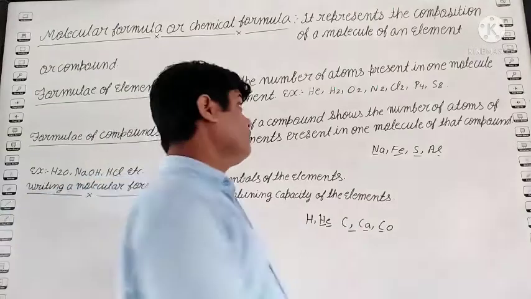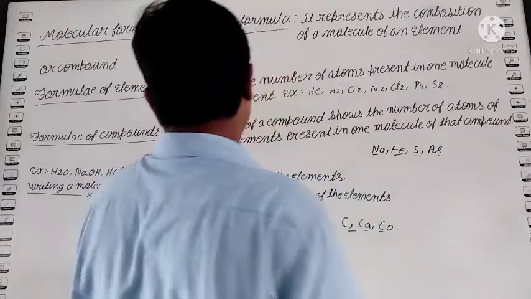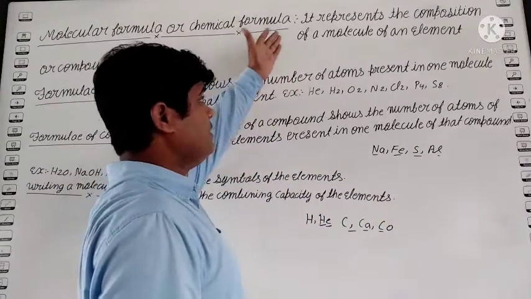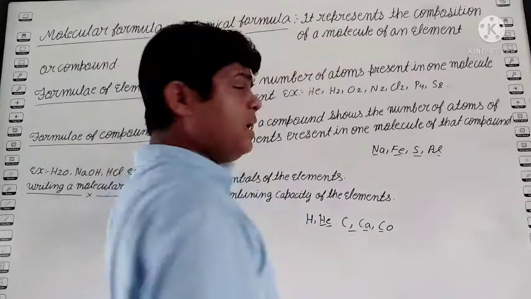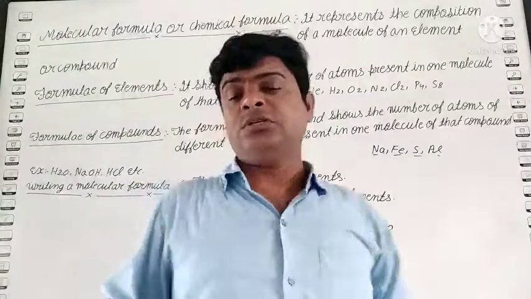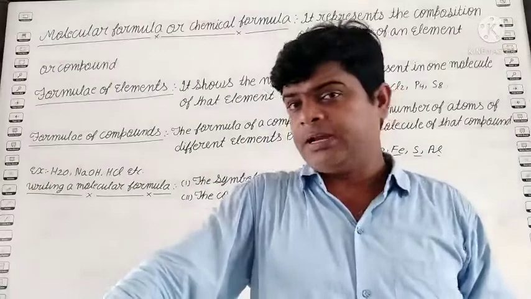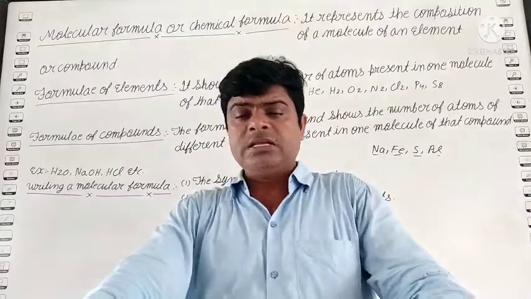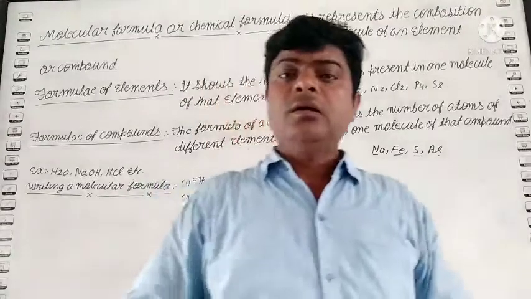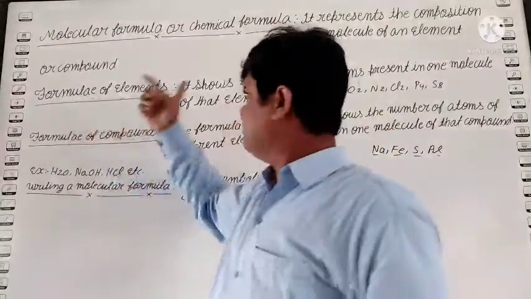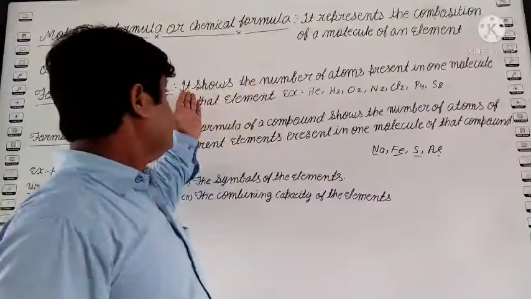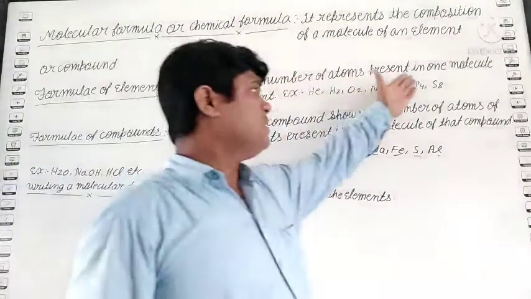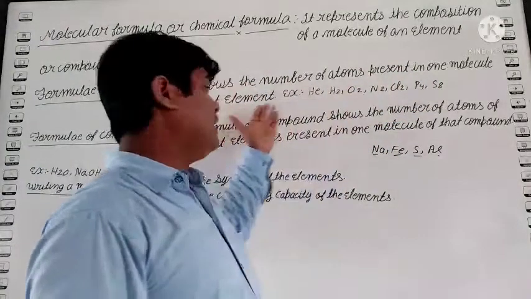Student, first, what is a molecular formula or chemical formula? It represents the composition of a molecule of an element or compound. It shows how many atoms are present in a molecule. So, the formula of elements: it shows the number of atoms present in one molecule of that element.